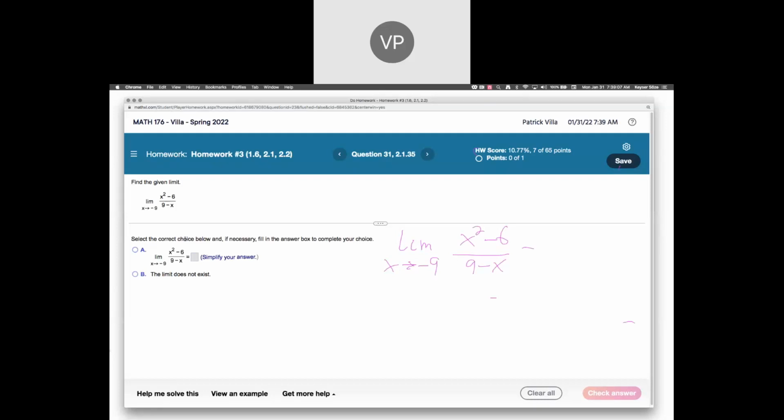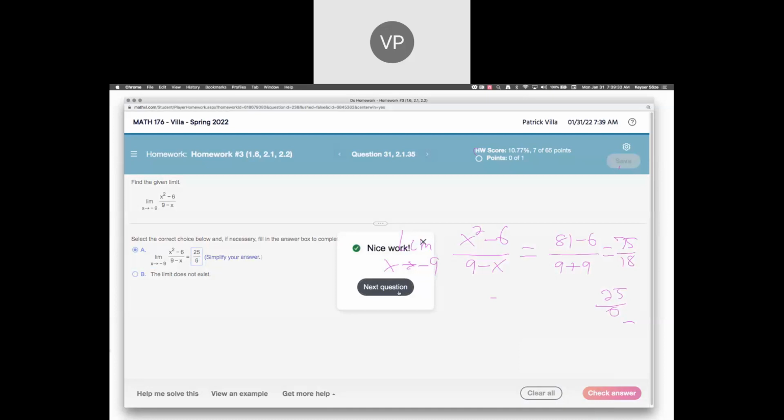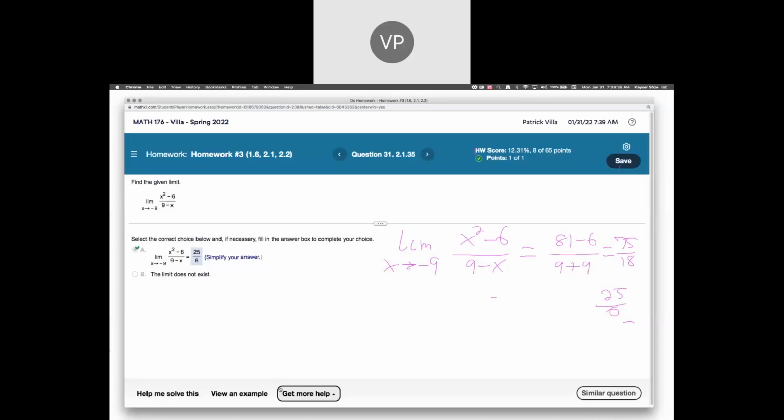There's nothing special about them. Just plug in the numbers and see what you get. So I get an 81 minus 6 on top. On the bottom, I get a 9 plus 9, because that's a -9 minus a -9. So I get 75 over 18. No zeros, therefore this is my limit, and the only thing I have to do is maybe simplify this a little bit. 25 over 6, and I do say simplify your answer. So 25 over 6, hope I simplified that right, and that's it.